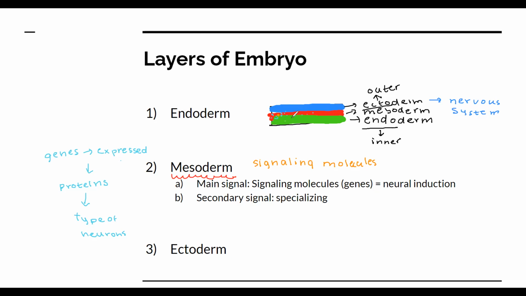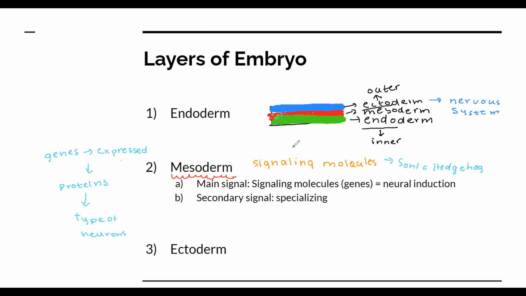Medium concentration causes a different gene, and low concentration causes another gene. We'll see an example of this with something called sonic hedgehog, which is a signaling molecule which basically controls which type of neuron is which, right?